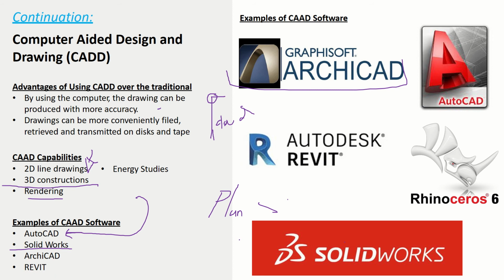And then we have Revit, and Revit is the software that I use. And then we have Rhino, which is another software. So there are very many different types of softwares. It just depends on your price, on your pocket, and sometimes it depends on the softwares available in the region, because if they are most widely used, it means they probably have the most tutorials.